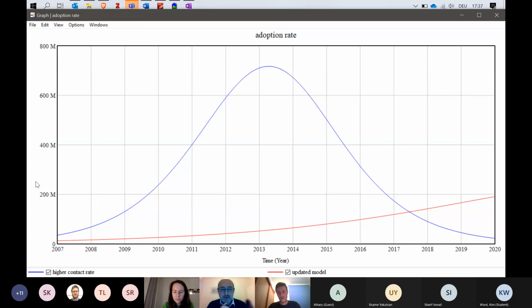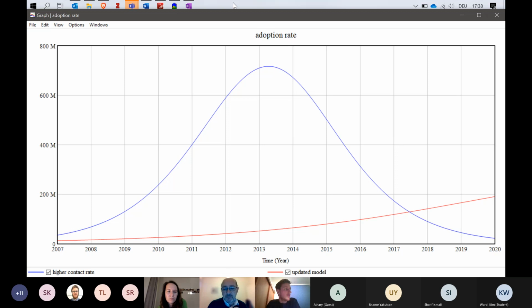So as you can see, this is what's happening every year. So in terms of the number of people that are joining Facebook, this is coming from the flow. Usually the flows represent the processes, the small things that are adding to the accumulation.